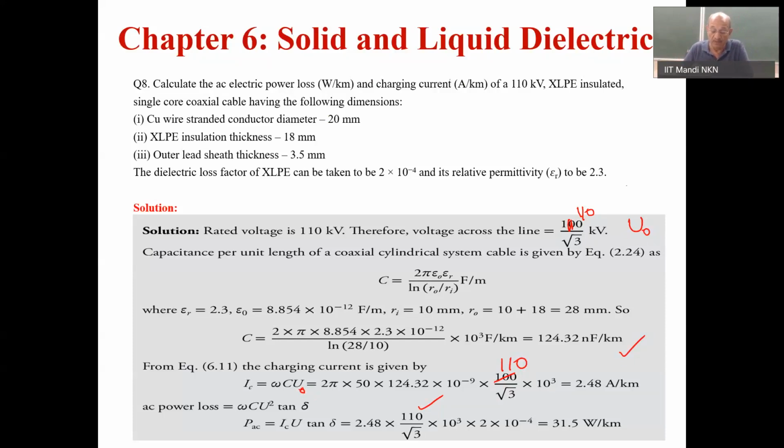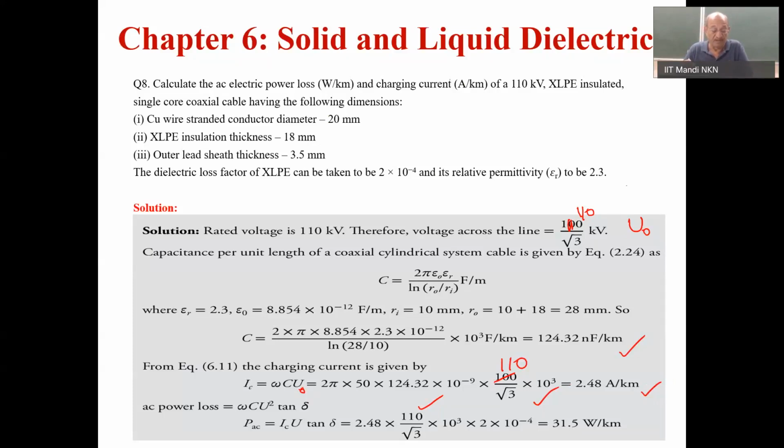So when you put these values, 2 pi C, which you have calculated in farads per meter, and the voltage converted into volts, the current works out to be in ampere per kilometer. You are requested to verify whether it has been done for 100 by root 3 or 110 by root 3. It should be for 110 by root 3. Please verify, okay?